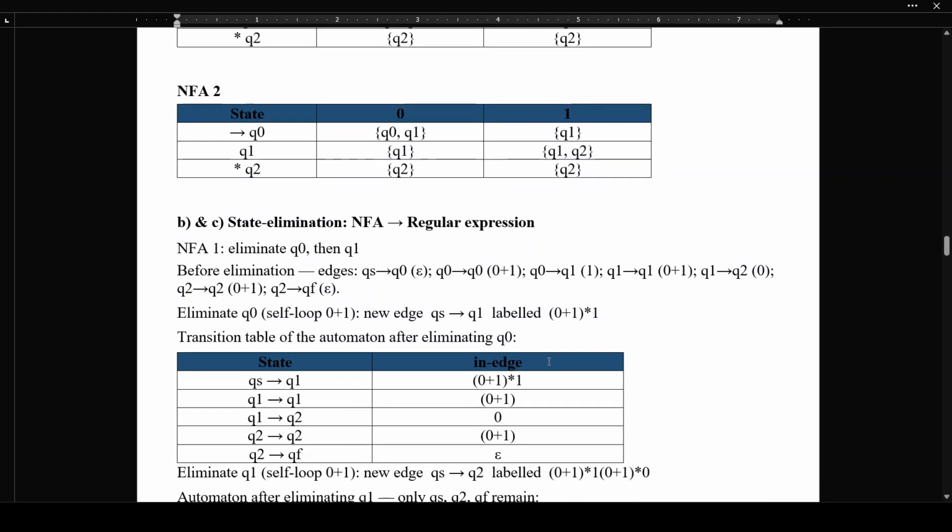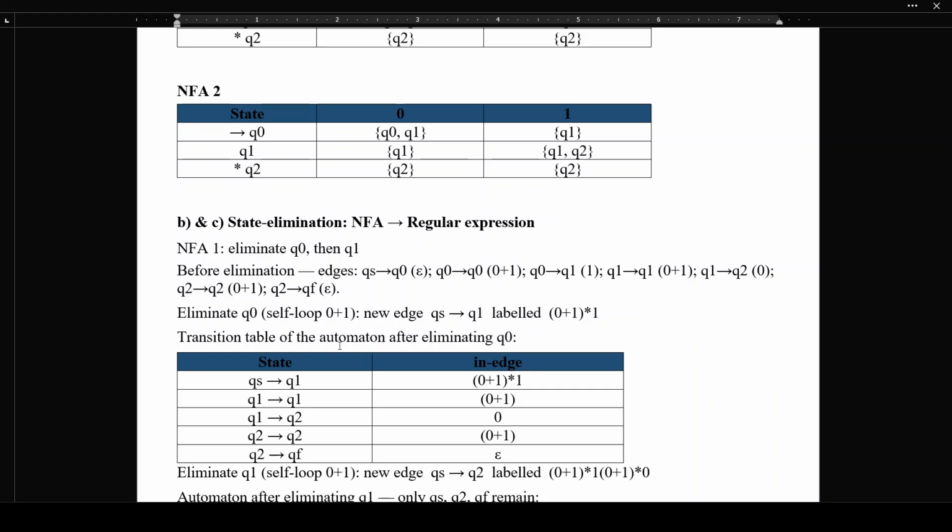We see the state elimination, that is, converting the NFA to a regular expression. When we eliminate q0 and then q1, before elimination the edges map q0 to q0 with epsilon, and q0 to q0 with 0 plus 1, which moves through all of these.